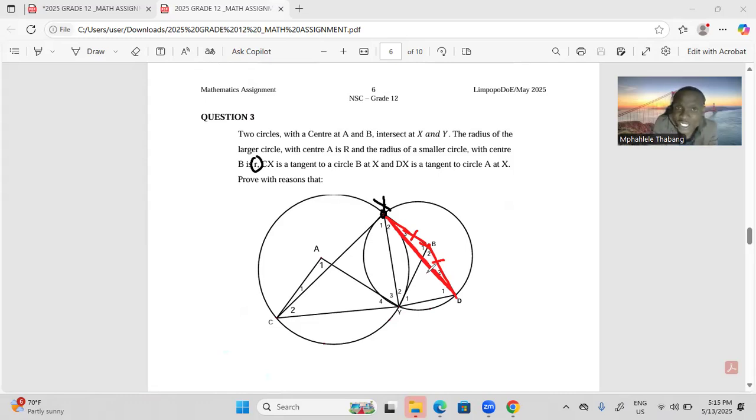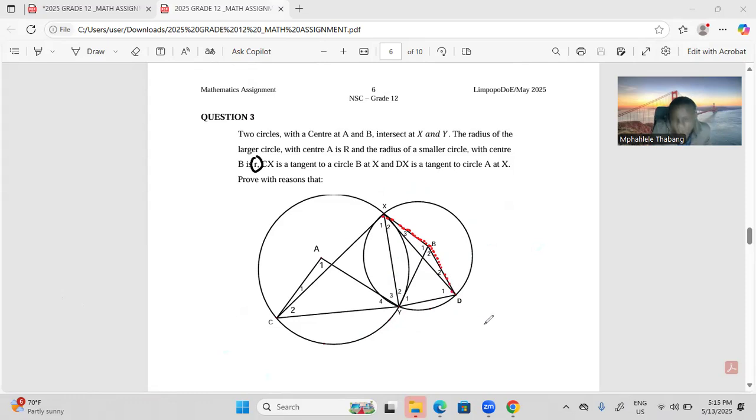And in an isosceles triangle, we also have angles that are equal. It's very important to identify angles that are equal in the isosceles triangle. So let's observe carefully this isosceles triangle and see which angles are equal. We know that the side BX is equal to the side BD.